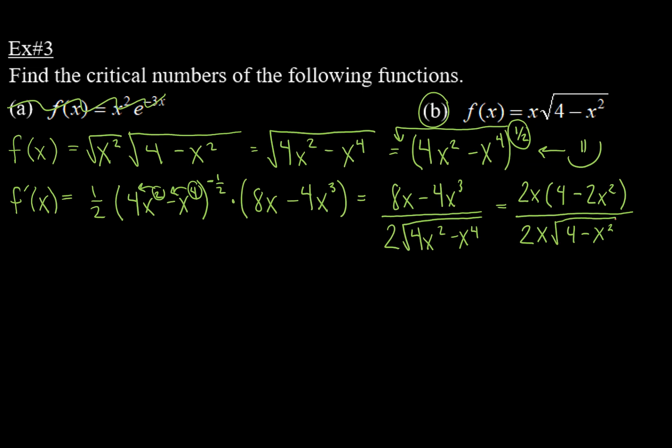And then notice that those two x's cancel each other. So I end up with f prime of x equals 4 minus 2x squared all over the square root of 4 minus x squared.